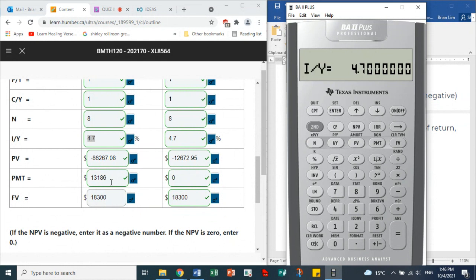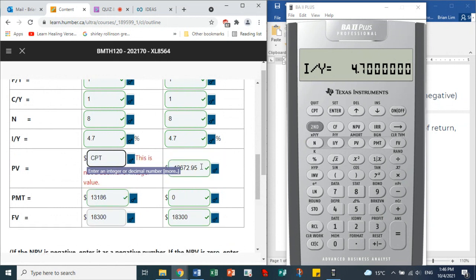Now the present value is to be computed, but we wouldn't worry about this. If you wish, we could put the CPT in there so you understand what is happening, and this side here would disappear. All right, so let's just try it. Payments are still the same.